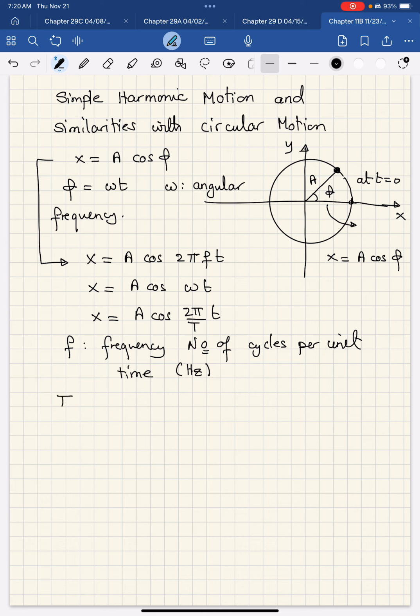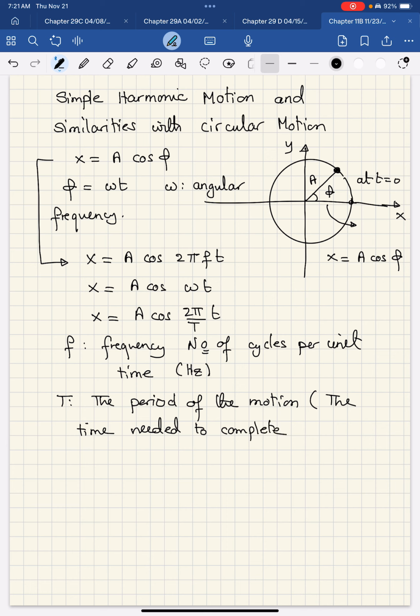And T is the period of the motion, which is the time needed to complete a cycle, and that is measured in seconds.